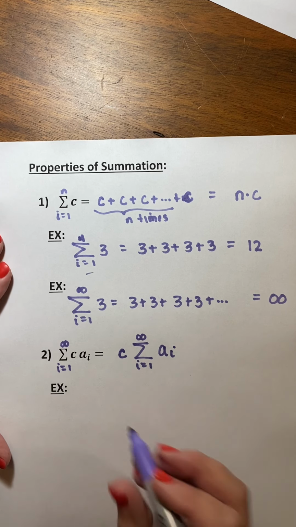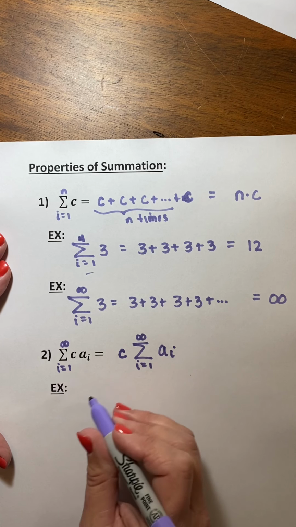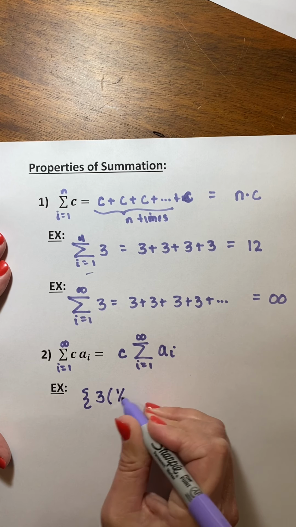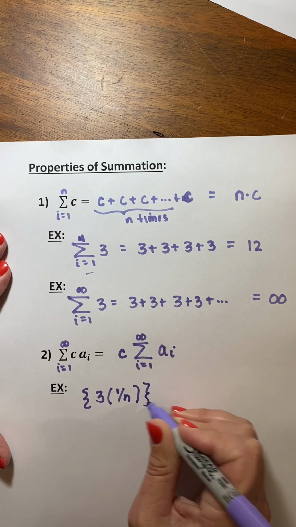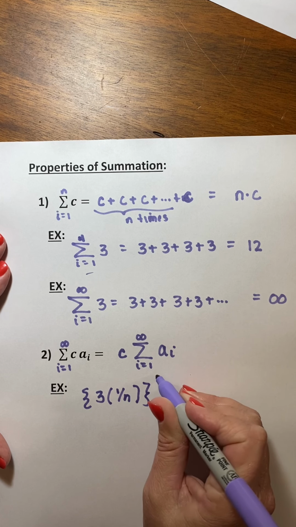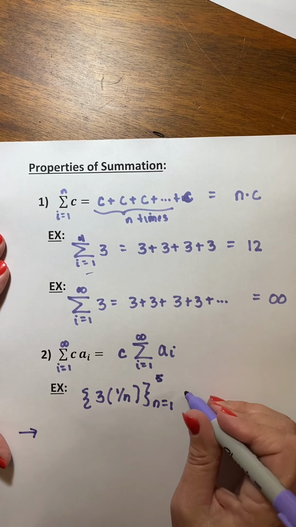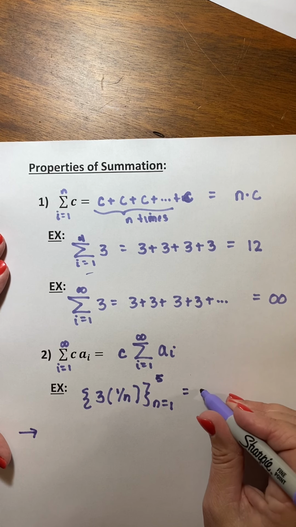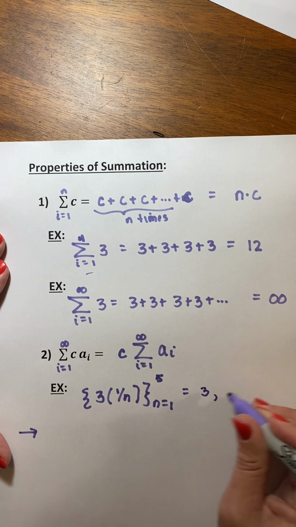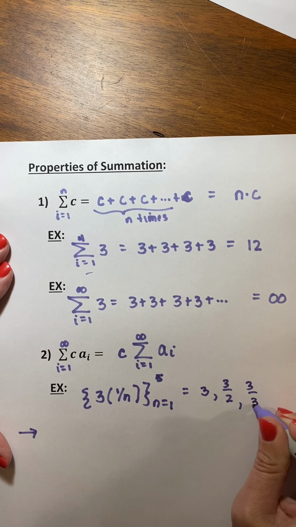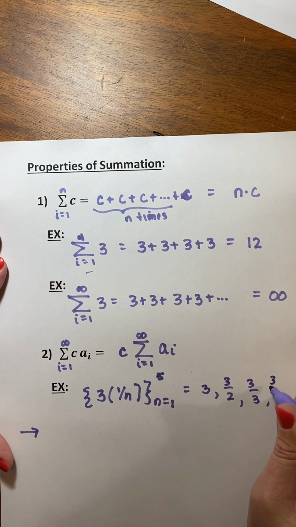So for example, let's look at 3 times 1 over n, with n equals 1 to 5. That would be 3 over 1, then 3 over 2, 3 over 3, 3 over 4, 3 over 5.